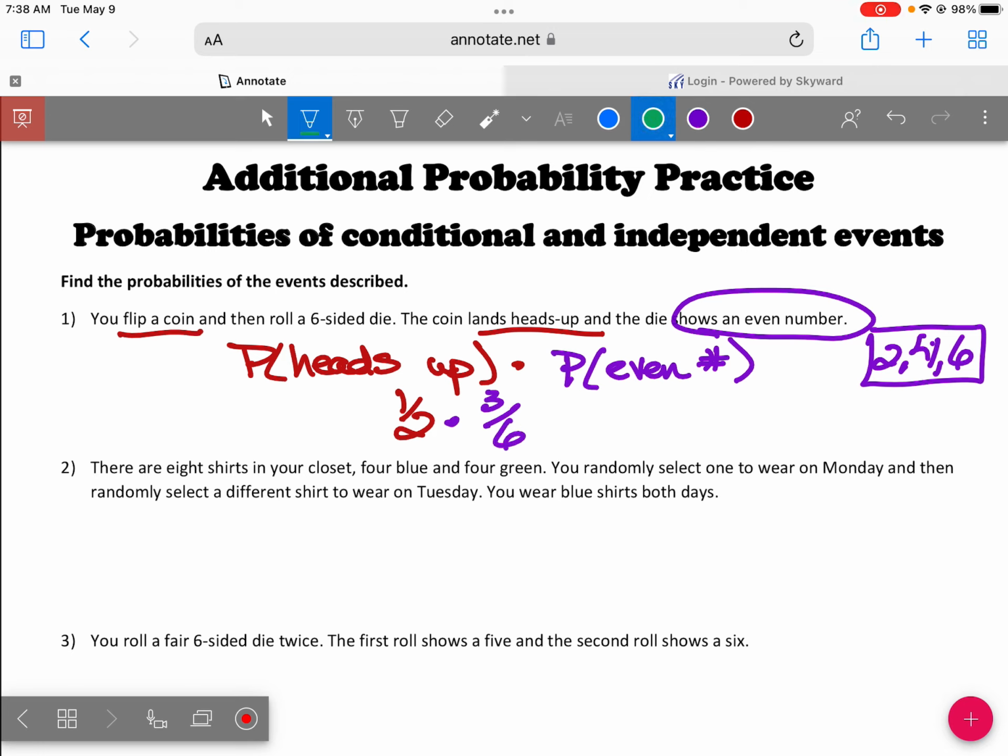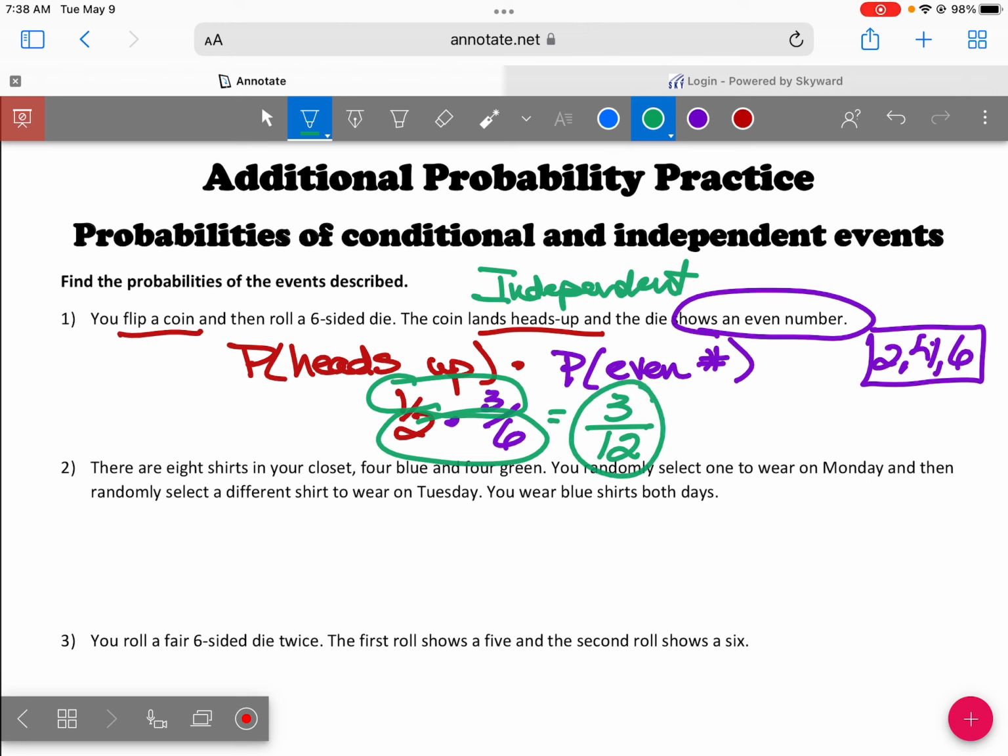All right, so multiplying, and we said these are independent, so we can just multiply these together. 1 times 3 on top is 3, and 2 times 6 on the bottom is 12. So this probability is 3 out of 12.